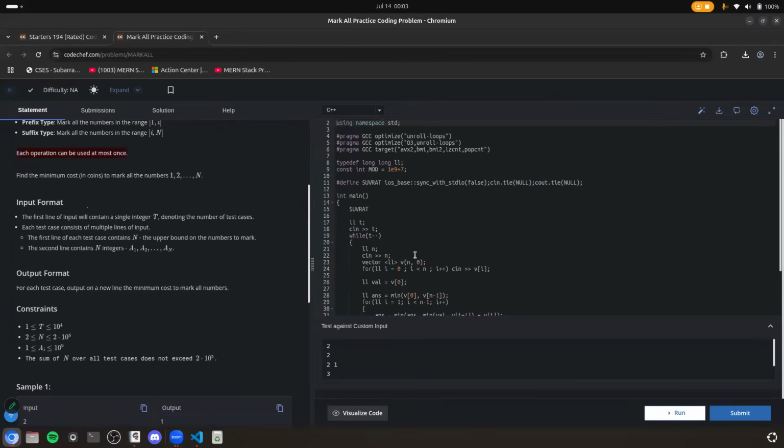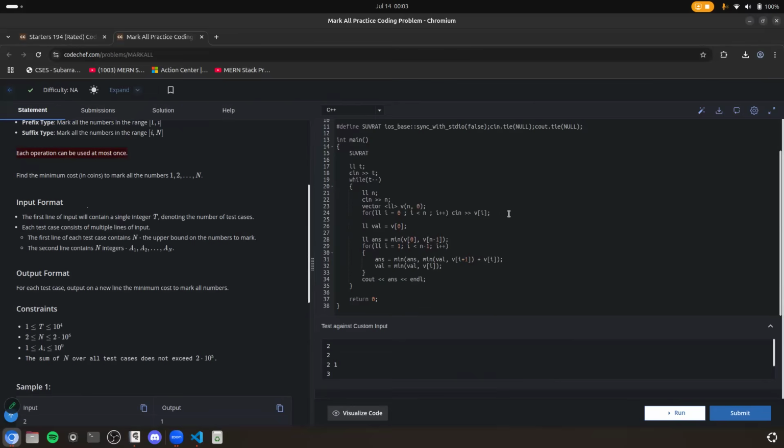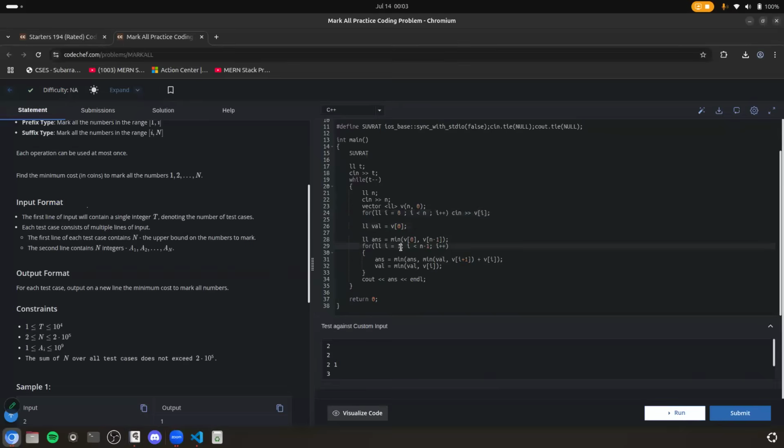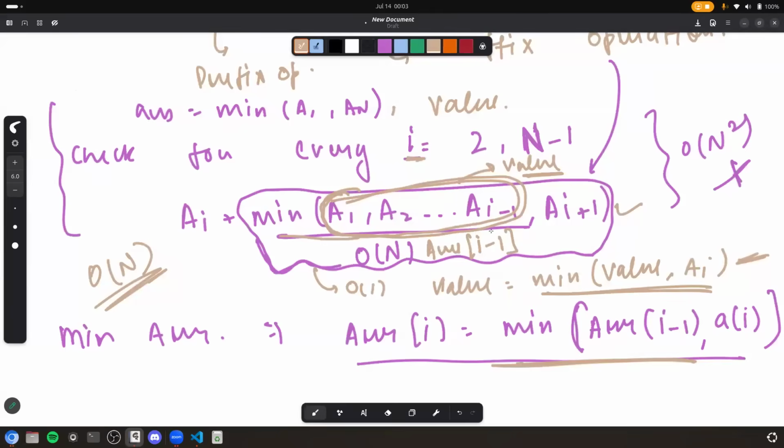So this is the code. We just input the array, and answer is initialized as minimum of v0 and vn minus 1. And initially the value val is this variable, basically, which holds minimum up to I minus 1. So we are starting the loop from 1. So we can put val as v of 0 because we need till I minus 1.